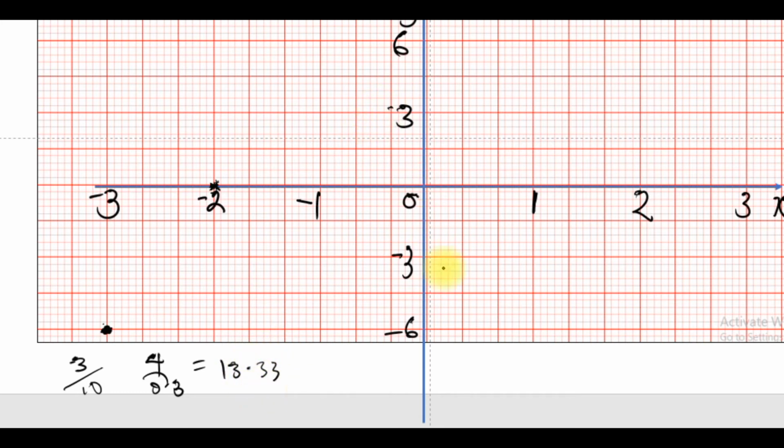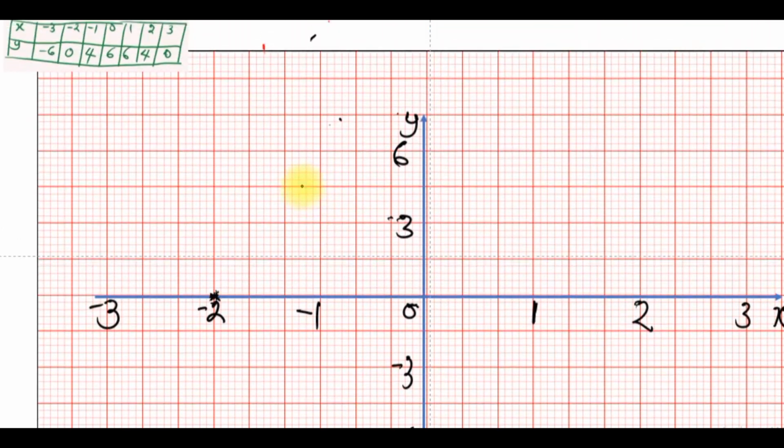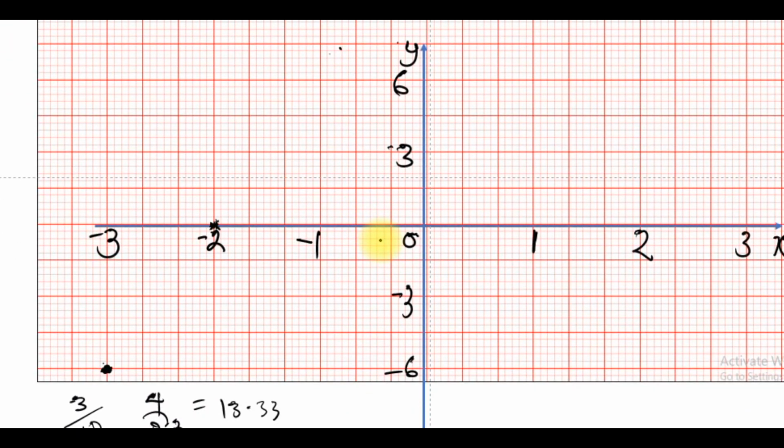So I count to 13 points: 5, 10, 11, 12, 13. So 13 point something should be here. That's our 4.